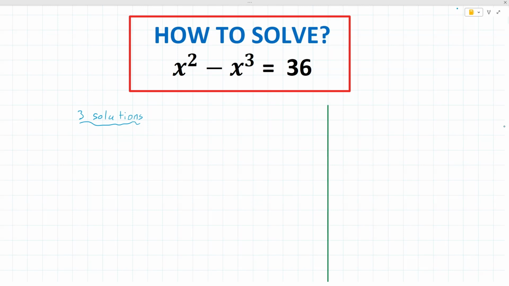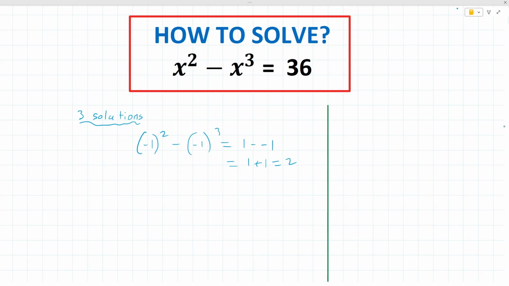I'll give you some examples. If you do negative 1 squared minus negative 1 cubed, you get 1 minus negative 1, which gives you 1 plus 1, which is 2, a positive value.